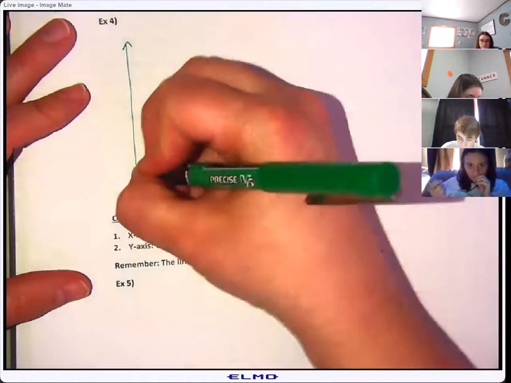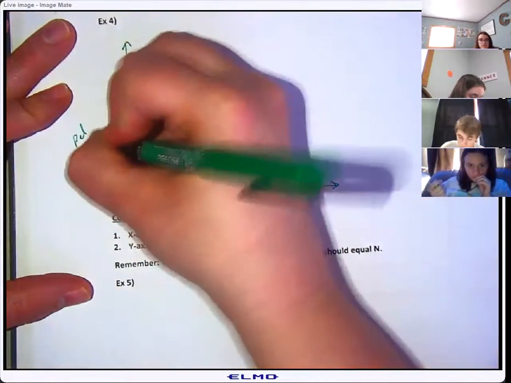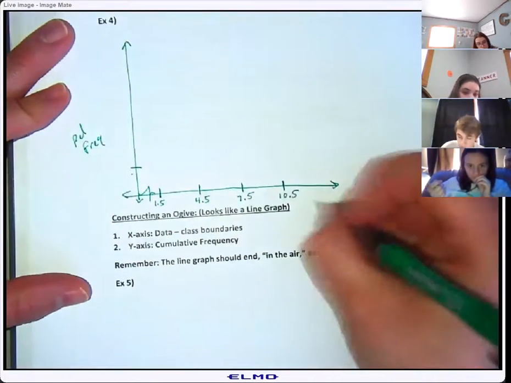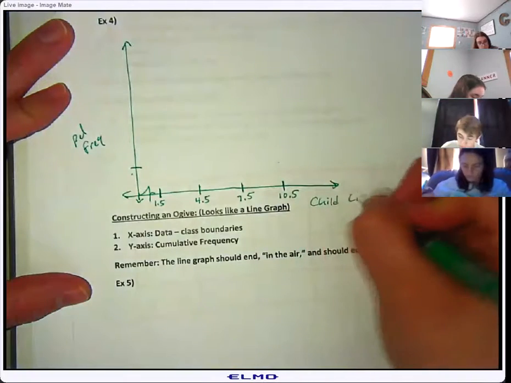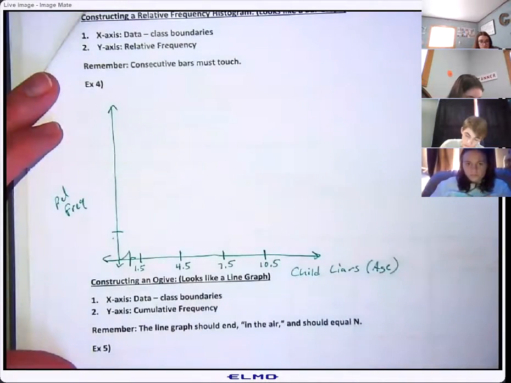So let's see. On this side, I'm putting relative frequency. This side, we got those child liars. Can you move the paper up a little bit? Is that better? Okay.